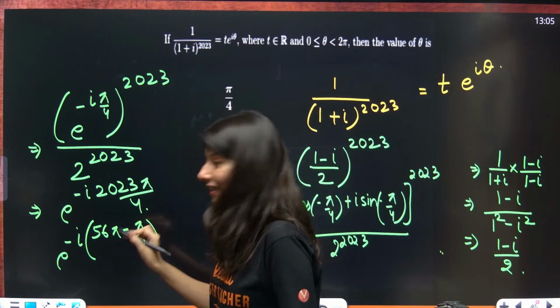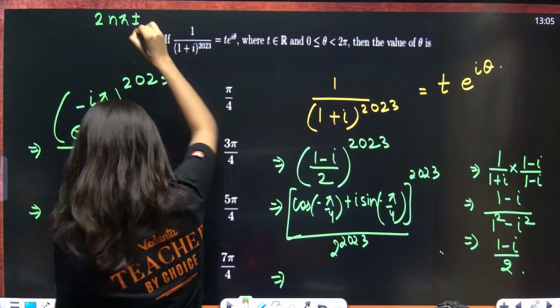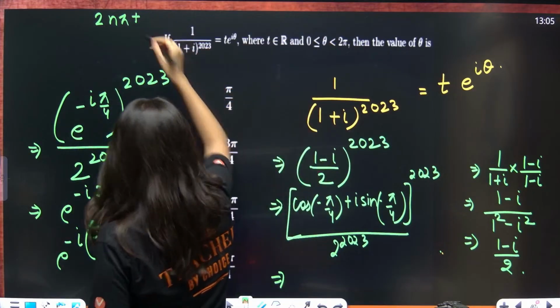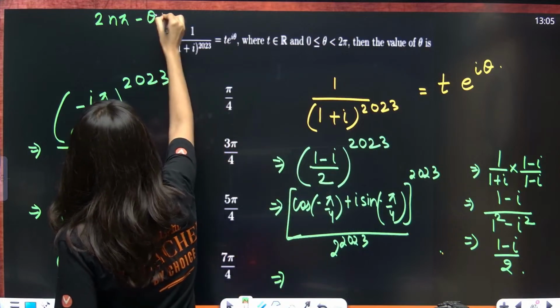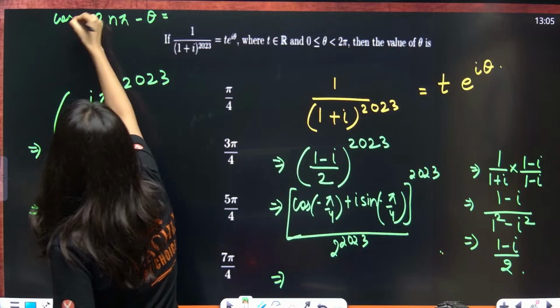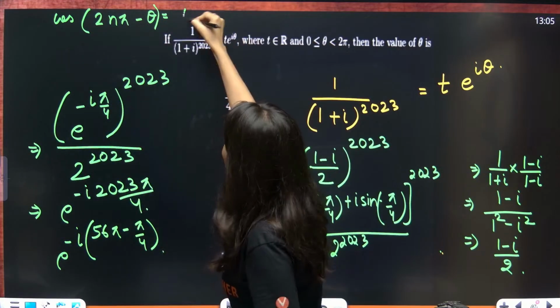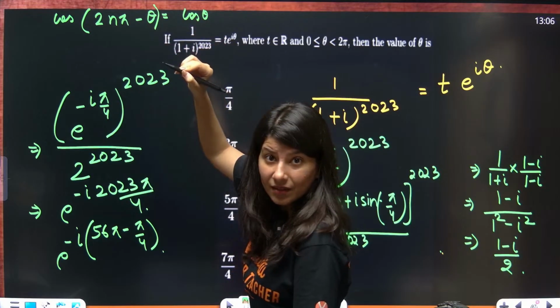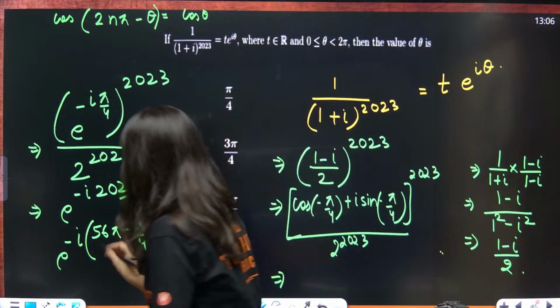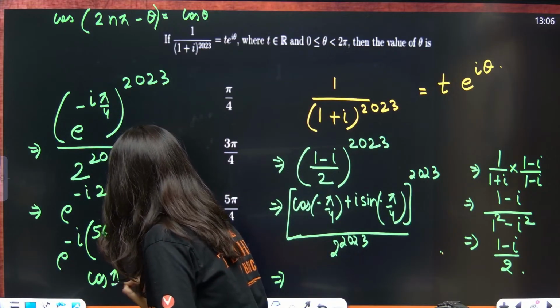So now see, remember 2n pi plus theta, 2n pi minus theta. So cos of 2n pi minus theta is cos theta only. And sin of 2n pi minus theta is minus sin theta. Okay. So this is what you're going to get: anyway cos will be pi by 4.